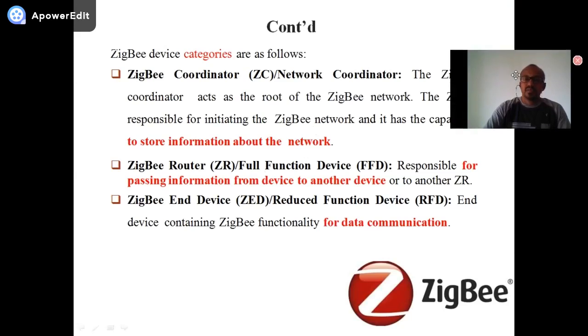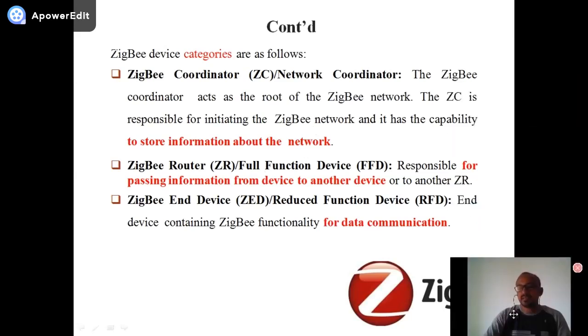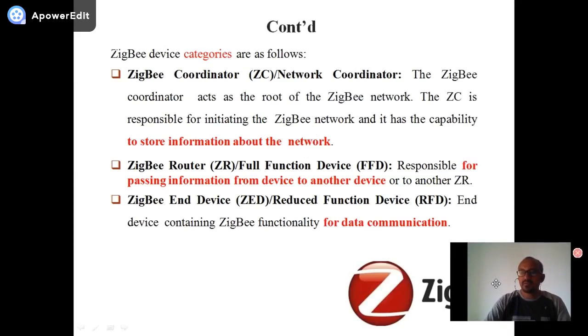ZigBee devices can be categorized into three: ZigBee coordinator, ZigBee router, and ZigBee end device. The ZigBee coordinator acts as the root of a ZigBee network, is also denoted as ZC, and is responsible for initializing a ZigBee network. It can store information about the network.